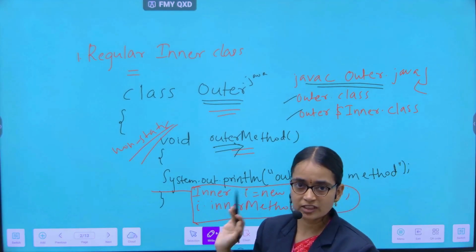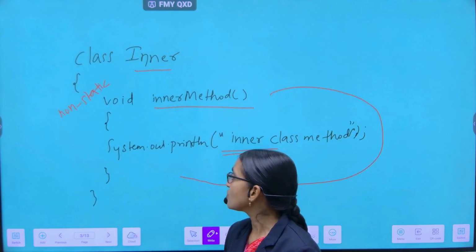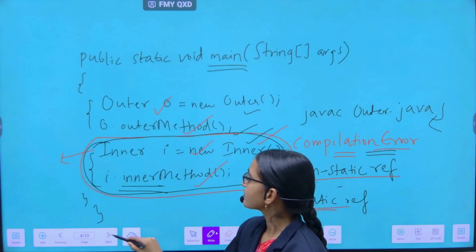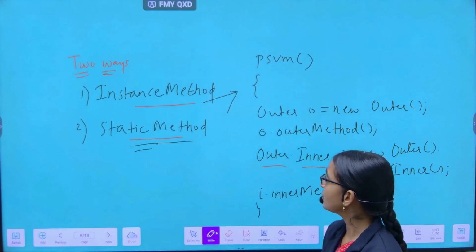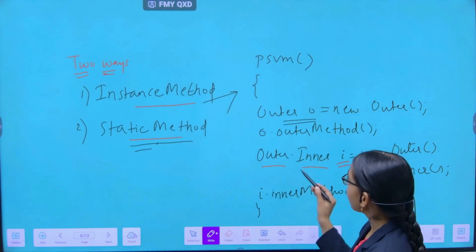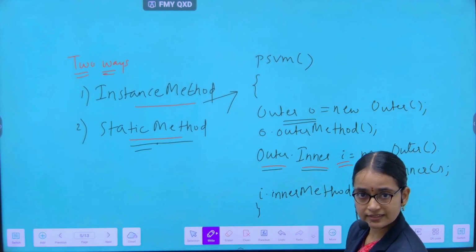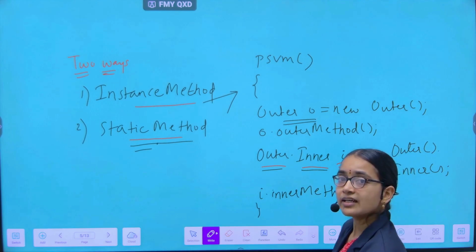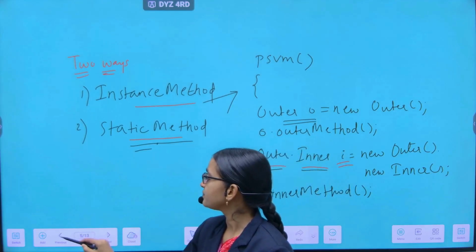This is the first implementation, that is instance way of calling. And if we go for the second implementation, that is a static method. In this, if we observe, first outer is taken the instance, and next outer followed by inner class is taken the instance. This is called a static method of calling. Clear?